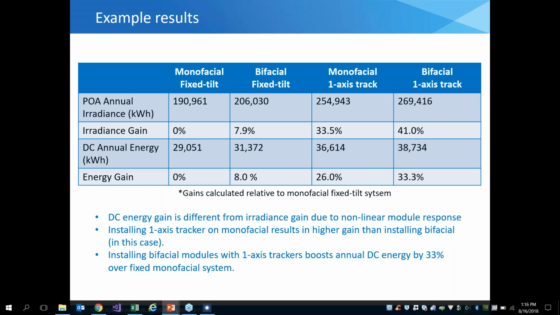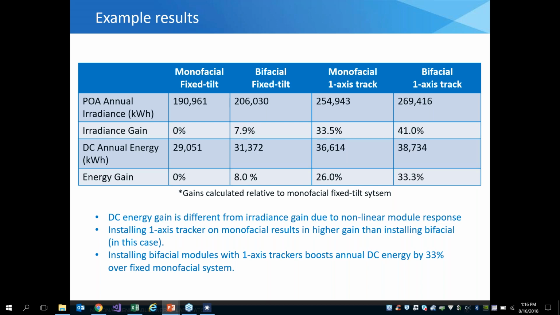So for the results, if we consider just a monofacial fixed tilt system, you get about 190,000 kilowatt hours of POA irradiance. If you instead install bifacial modules at fixed tilt, you get a boost of about 8% for both the irradiance gain and energy gain.